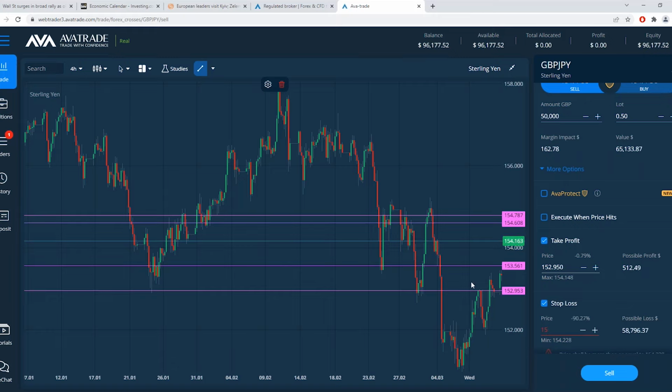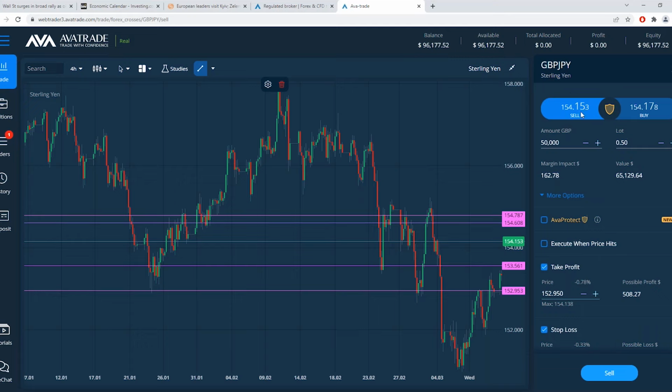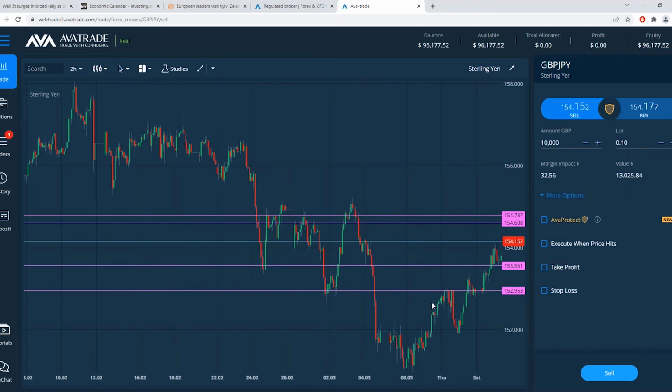Just got to get my stop loss price adjusted here. Apologies. Let me adjust the candles here, get a little better view. And I need to be above, I'm sorry, 154.15.